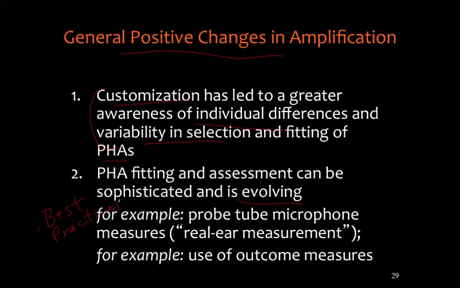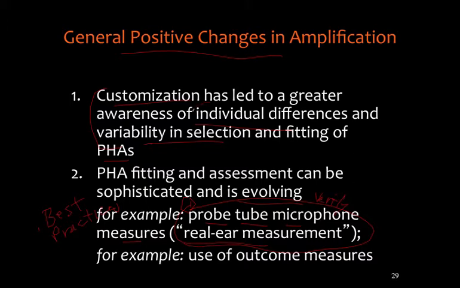One of which would be the use of what's called a probe tube microphone measure, sometimes referred to as a real ear measurement, as a way to capture the acoustic signal in the individual's ear canal. This is referred to as a verification procedure to verify the response of the hearing aid in the ear canal.